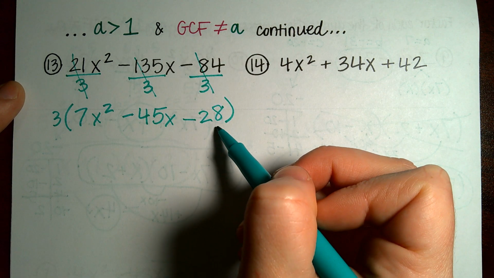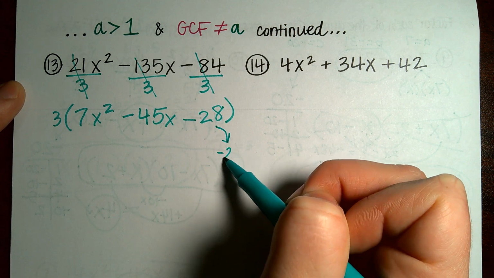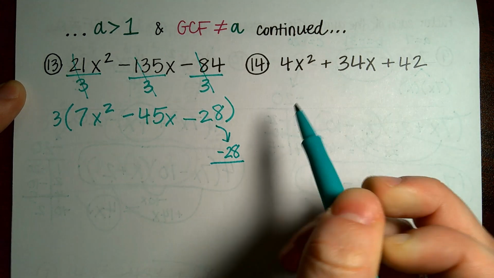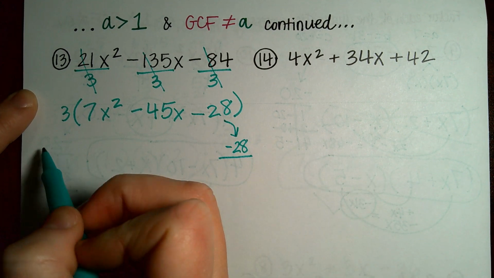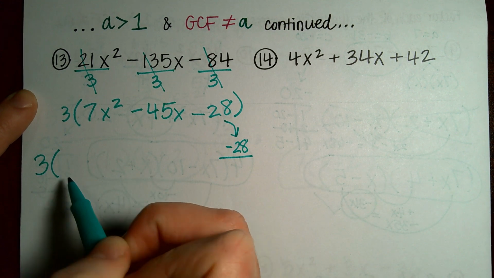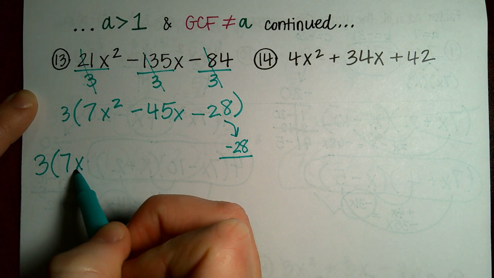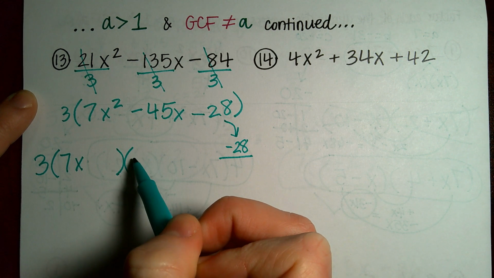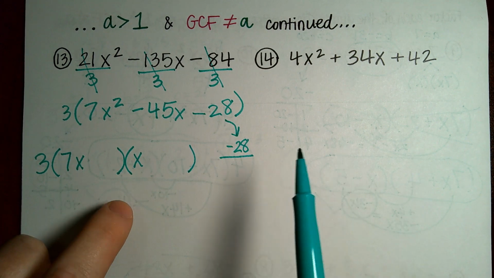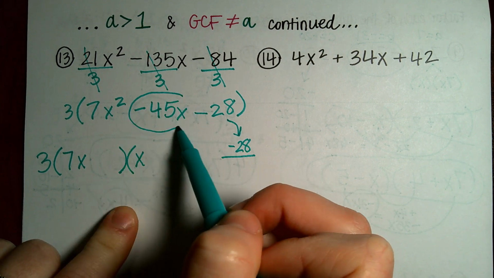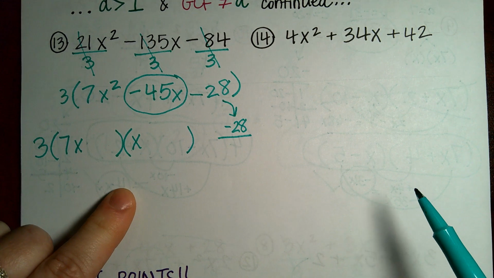So, what do I do now? Yeah, find our factors of negative 28. And what is my answer format going to look like? 3, 7x, and then an x. Good. So we need to find numbers that when we check with the rainbow, they need to add up to the negative 45x.